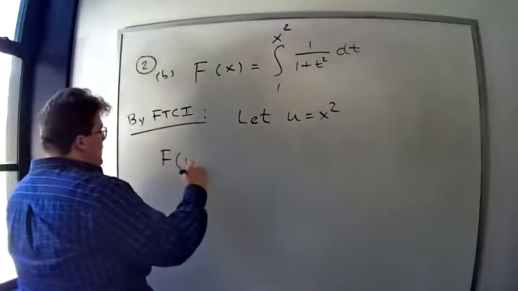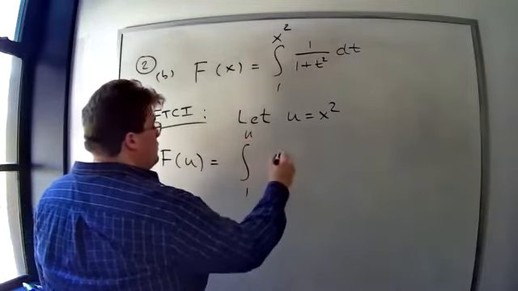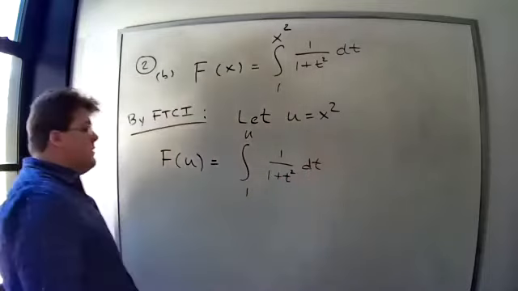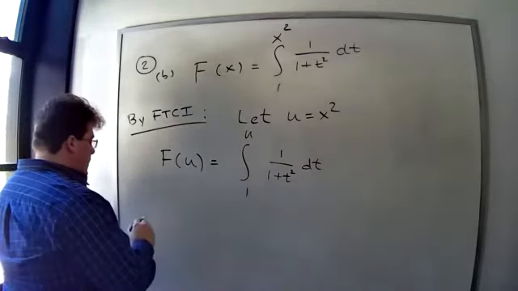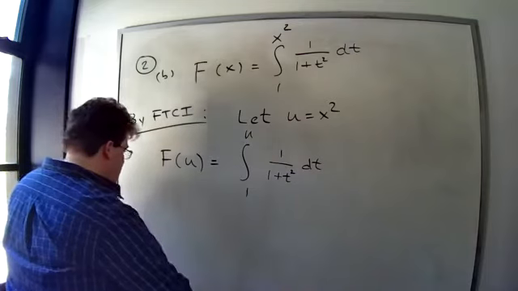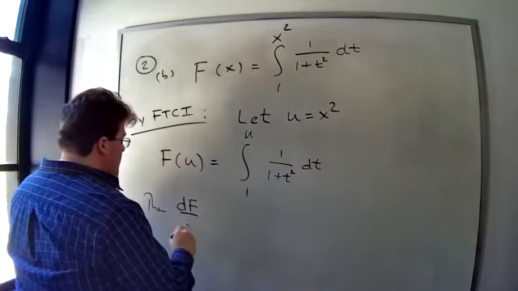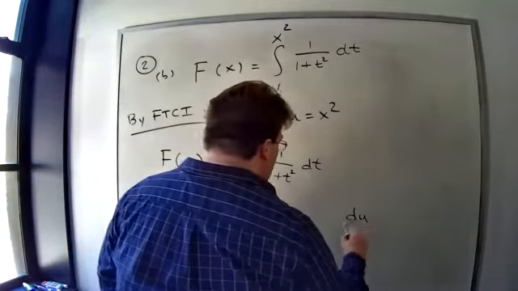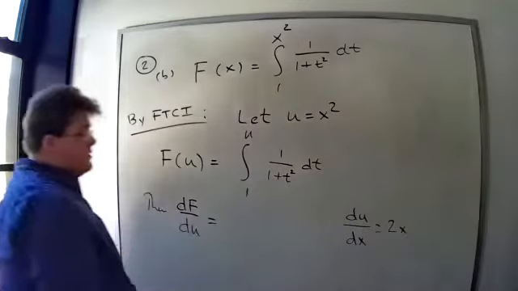Well, then f of u is the integral from 1 to u of 1 over 1 plus t squared with respect to t. Now, why do we do that? Well, now we can find df du, and we can find du dx. Du dx is 2x.